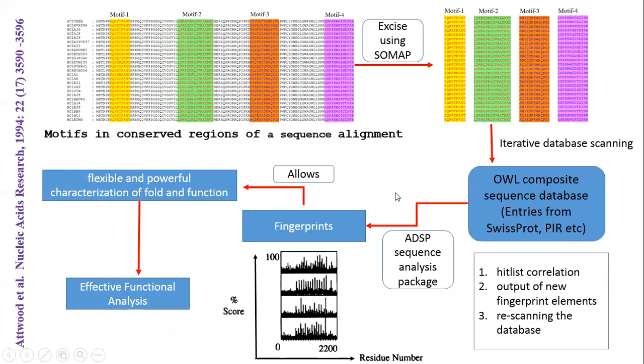What you usually do when you construct a fingerprint is, say for example, I have a family of proteins called kinases. So what do kinase proteins do, do you know? They add phosphate, sir.